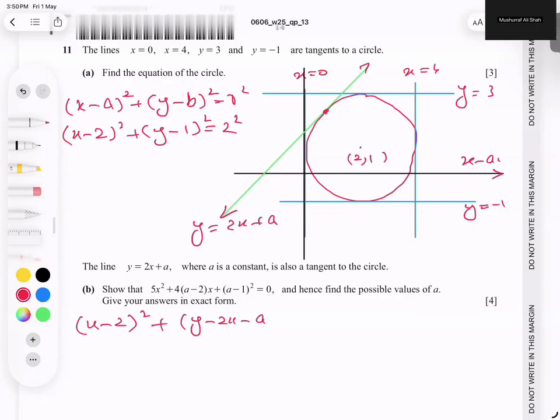Okay, this is done. Outside the negative sign, both signs will become negative, and the whole power 2 is equal to 4. Now I have to solve it and convert it into this form. So let's try.